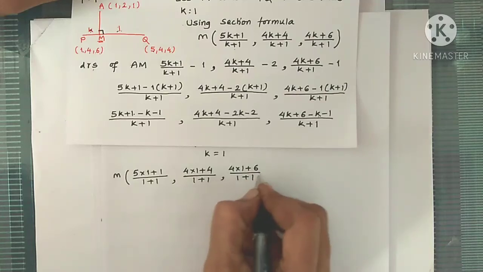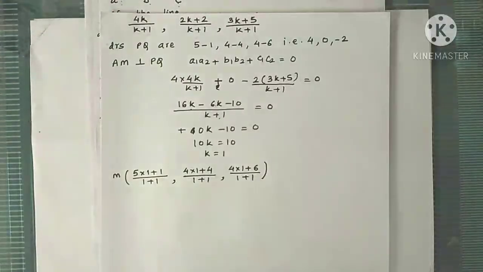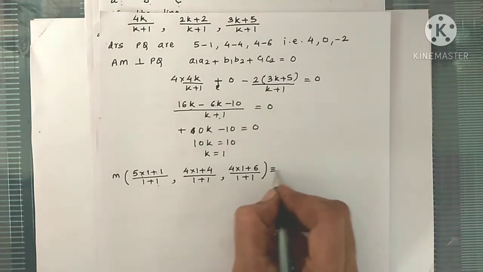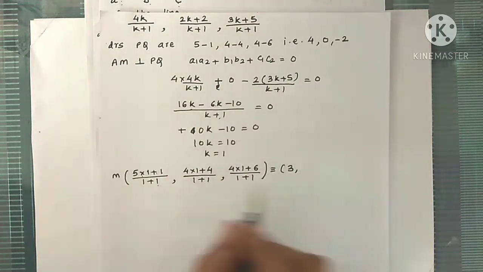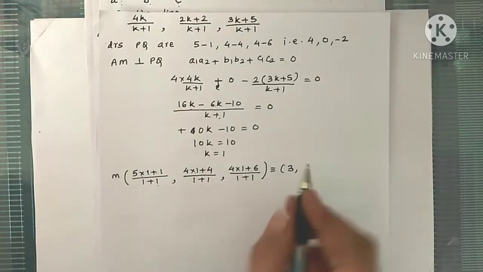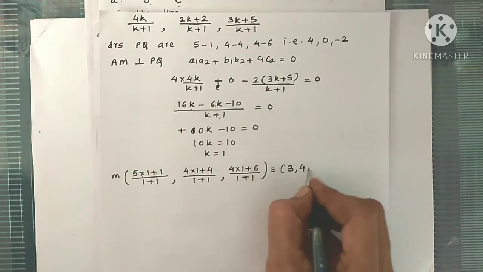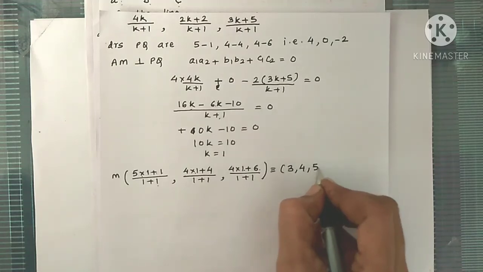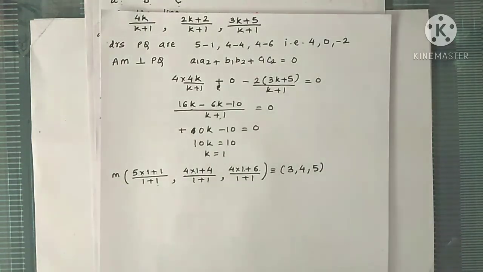So let's simplify this. It is 5 plus 1, that is 6 by 2, so it is 3. Next is 4 plus 4, that is 8, divided by 2 is 4. And here we have 4 plus 6, that is 10, divided by 2 is 5. So basically here we have used the section formula to write the coordinates of M first, but that is in terms of unknown k.